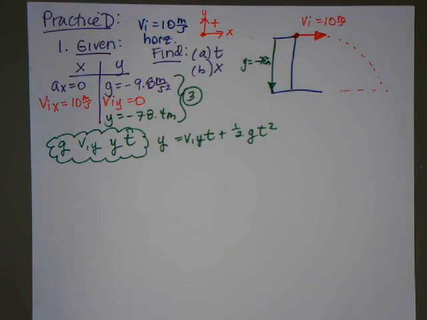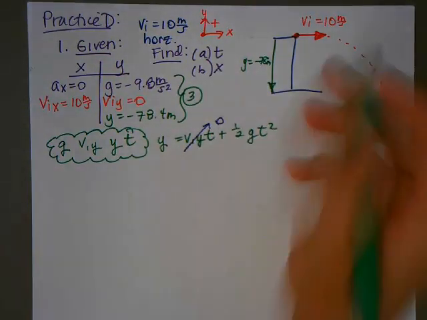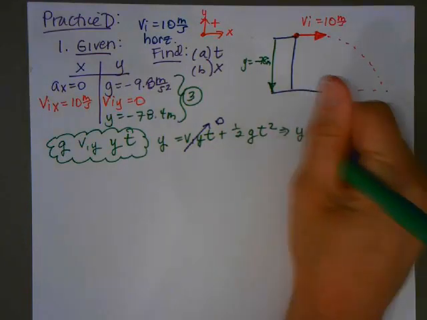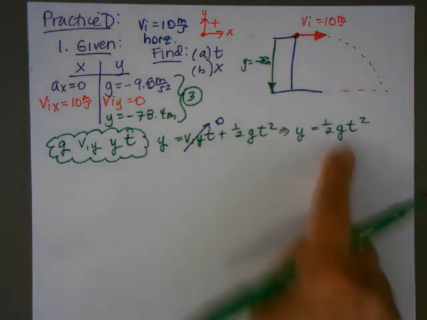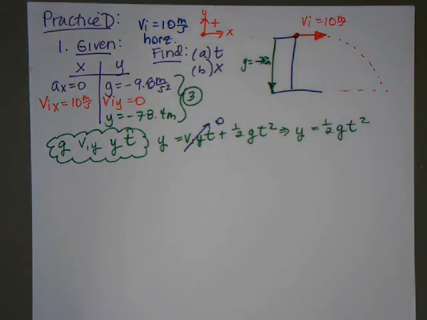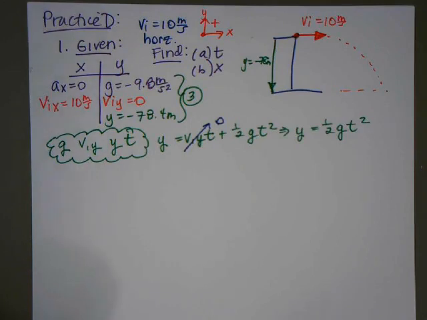Because VIY is 0, that whole term goes to 0. So I know Y is equal to 1/2 GT squared. Now we're going to rearrange the equation to solve for the unknown in terms of the known. So I'm going to multiply both sides by 2.